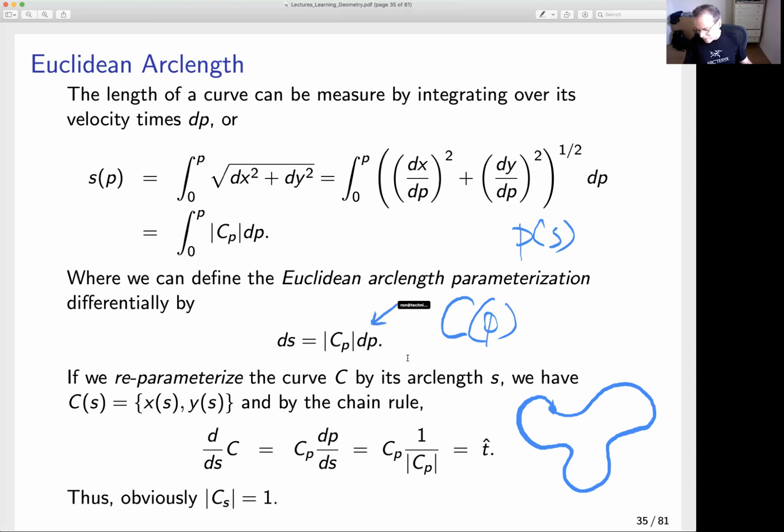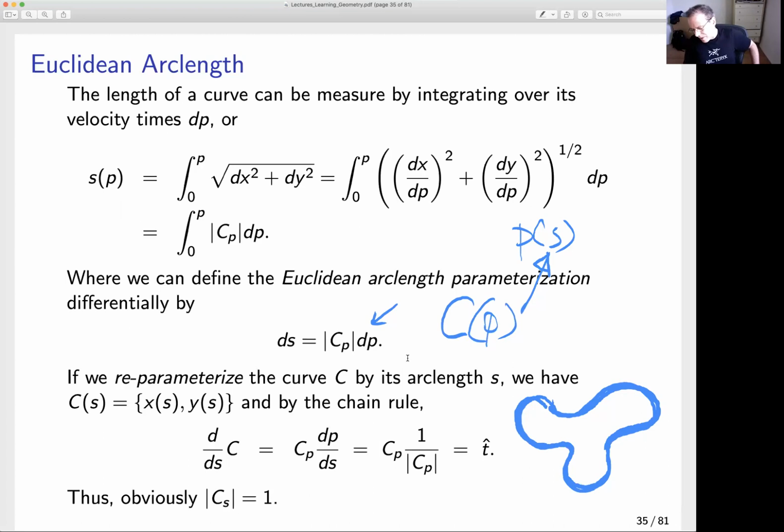Think about it as a road. I was traveling along the road with the velocity C_p, and now I'm traveling along exactly the same road with the velocity C_s. It's exactly the same road. The trace of the curve did not change. The only thing that changed was the way that I'm traveling along this road. So the trace, the points in the plane, are intact. They are not changed. And I can travel along this curve with a different velocity.